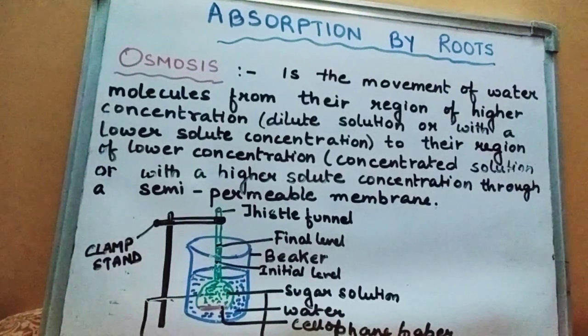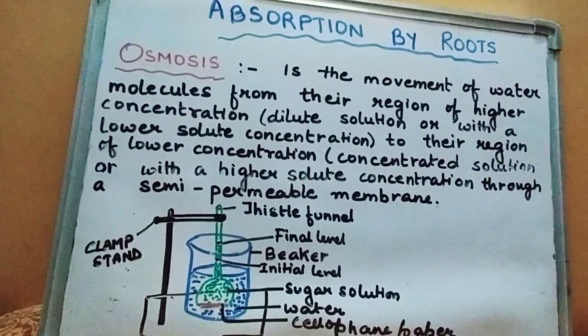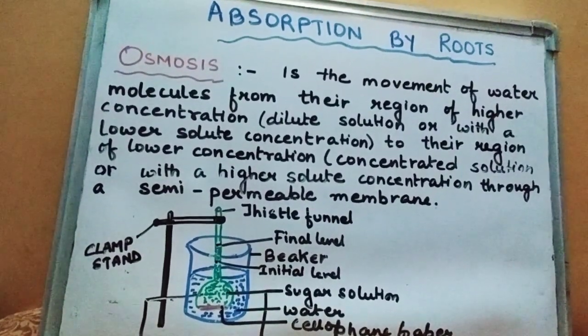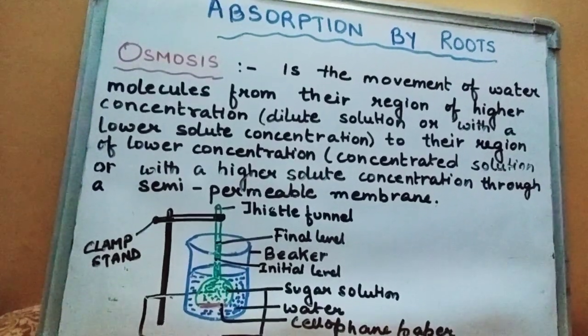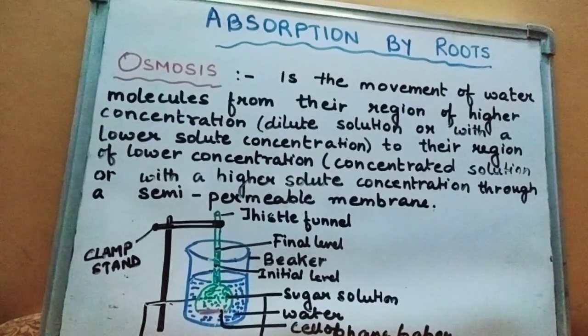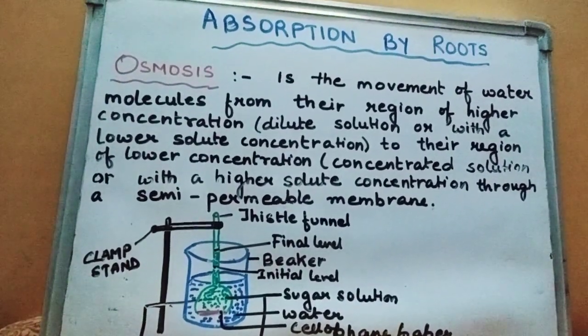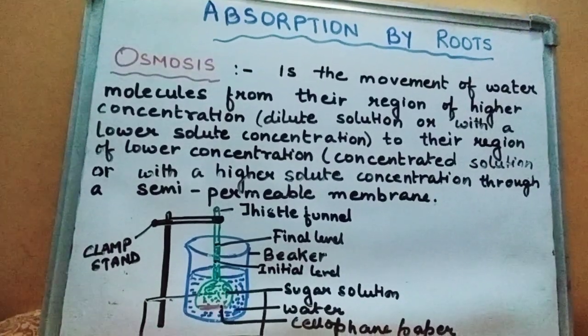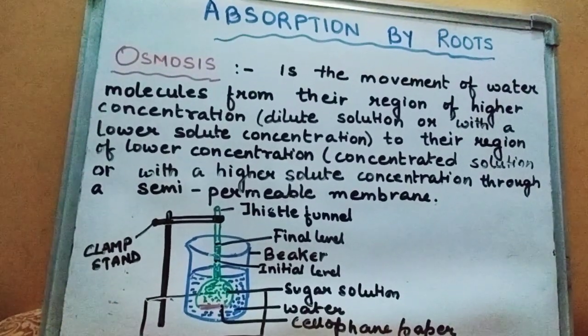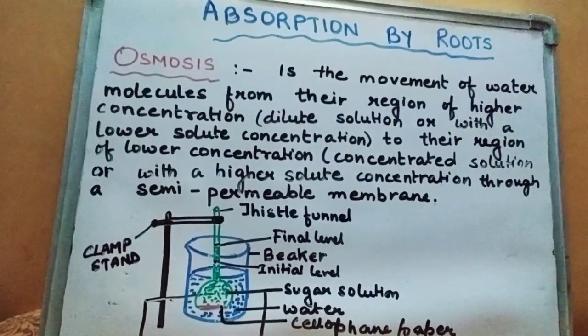What is a hypertonic solution? What is a hypotonic solution? What is isotonic? That means mainly they talk about the relative concentration of the solution, and if a cell is placed in hypotonic, what will be the consequence? If a cell is placed in hypertonic, what will be the consequence?